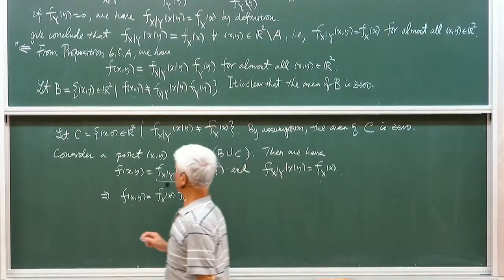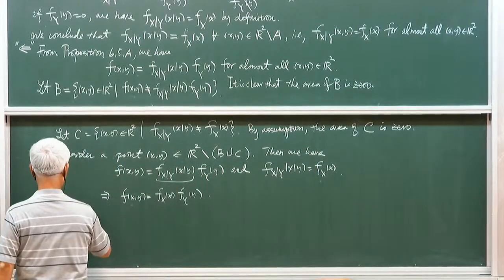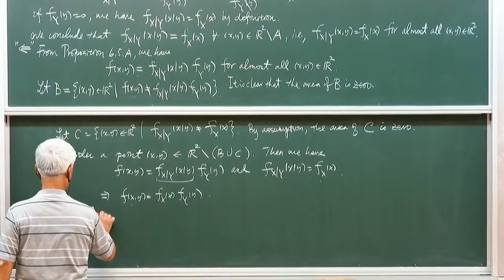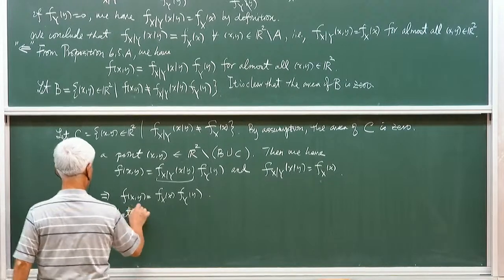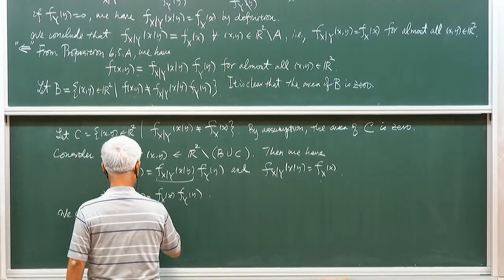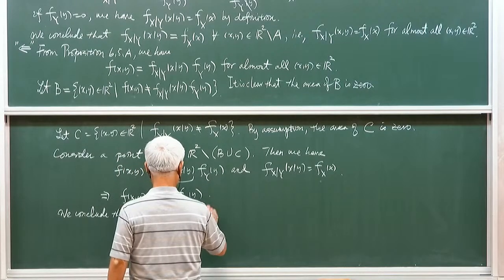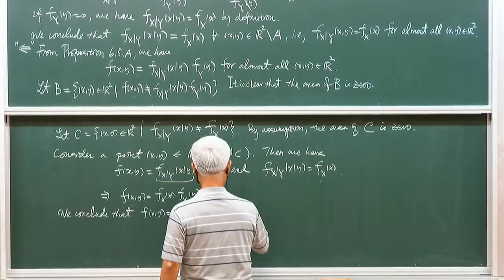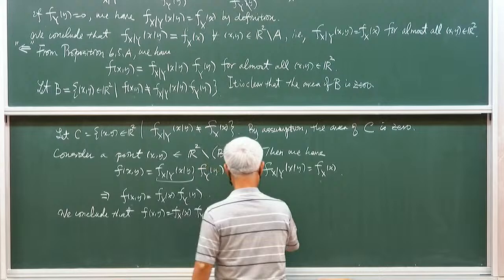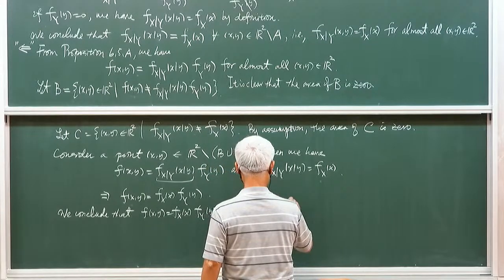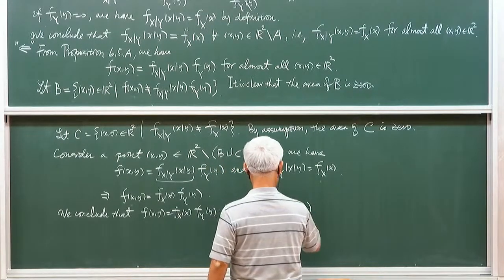Okay, so we conclude that f_XY equals f_X f_Y for all the points in R squared minus B union C. Okay?